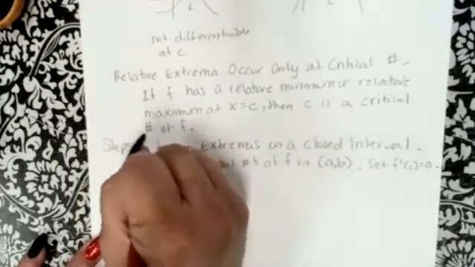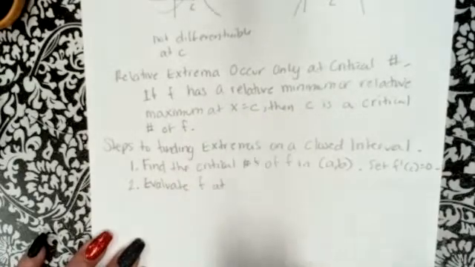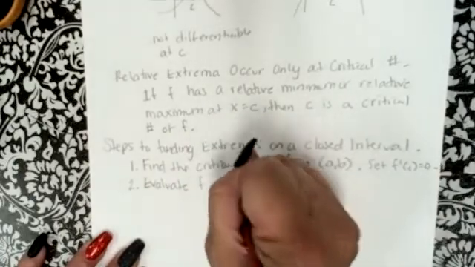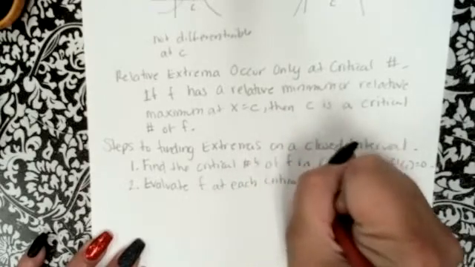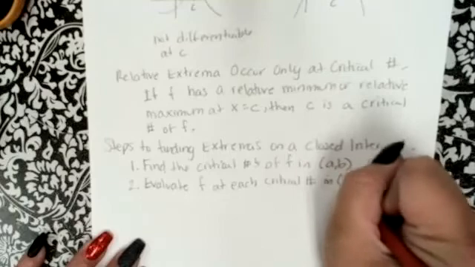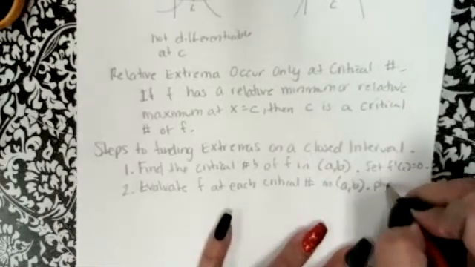Next, you have to evaluate f at each of those critical points in the open interval from a to b. So you have to plug in f of c.